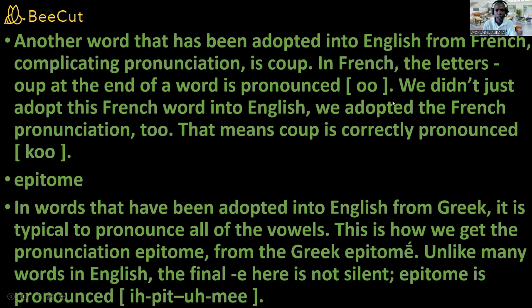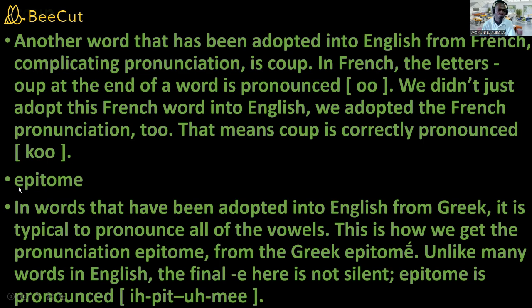It actually ends with P, but they don't pronounce it. So coup becomes coo. Please excuse me. Is the P silent here? Yes, the P is silent. It's coo. Okay. You get that? Yeah, I understood.